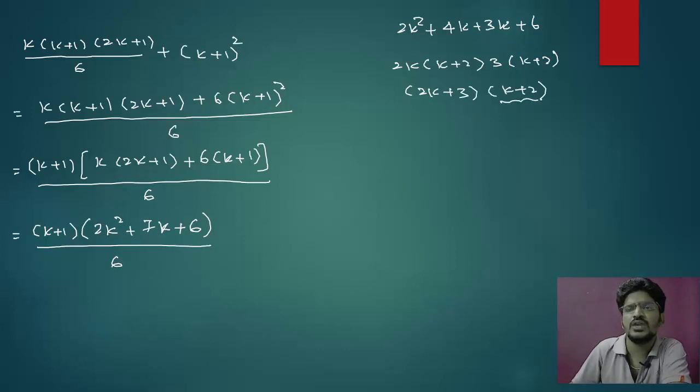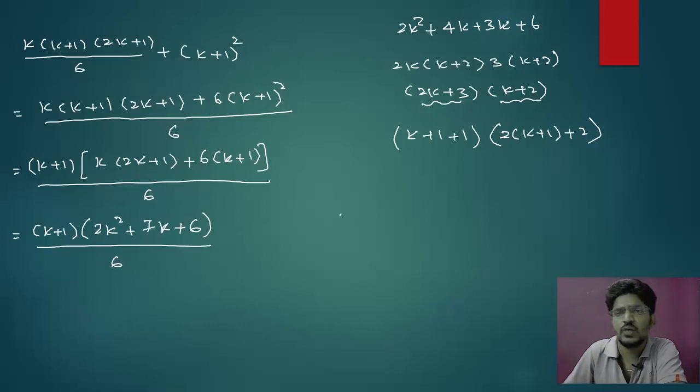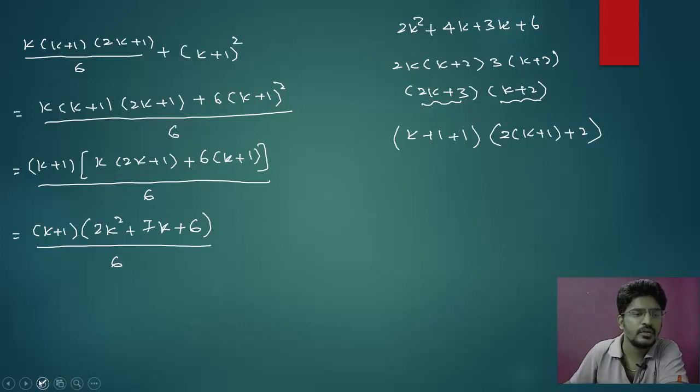Okay. How can you write k plus 2? You can write it as k plus 1 plus 1. How can you write 2k plus 3? 2 times of k plus 1 plus 1, because 2 into k is 2k plus 2, 2 into 1 is 2, 2 plus 1 is 3.